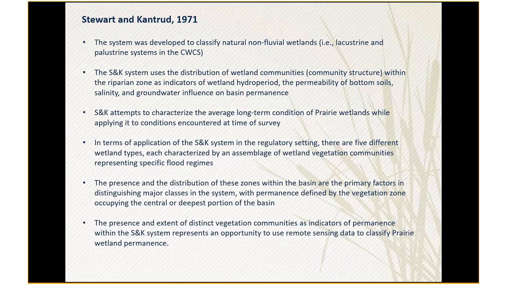And really, permanence is for the broader wetland defined by the veg zone occupying the deepest portion of the basin. And so this is what we're trying to exploit here with this methodology.